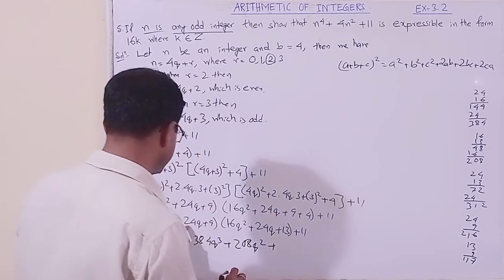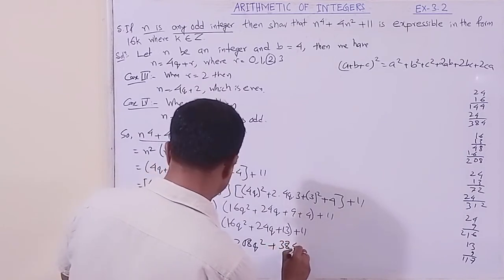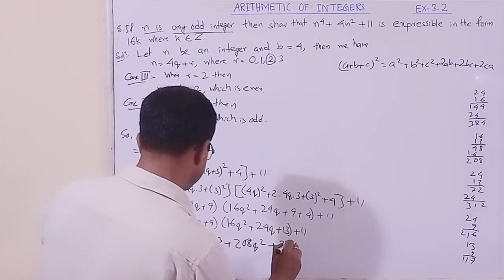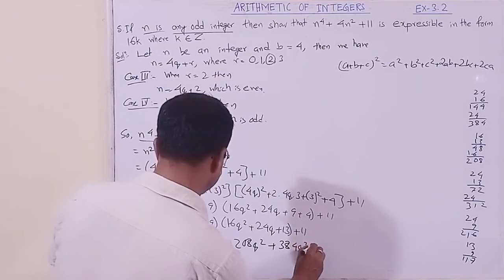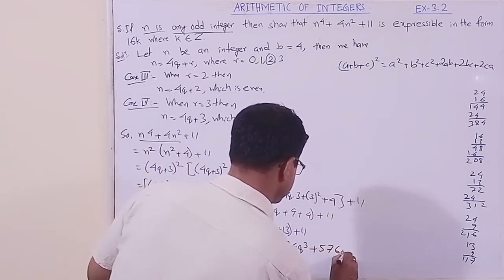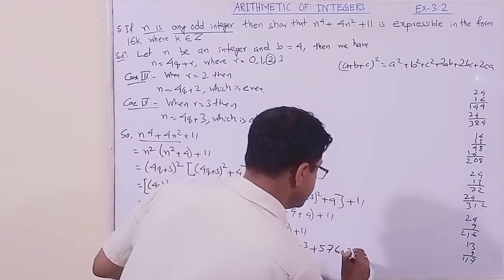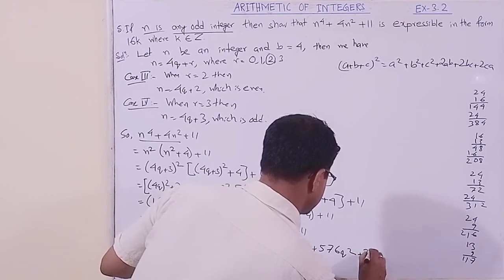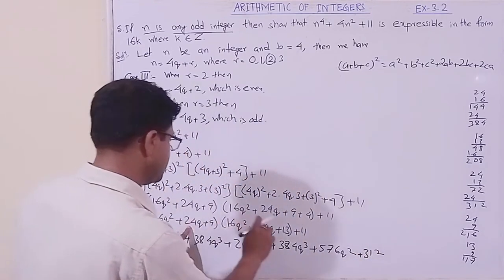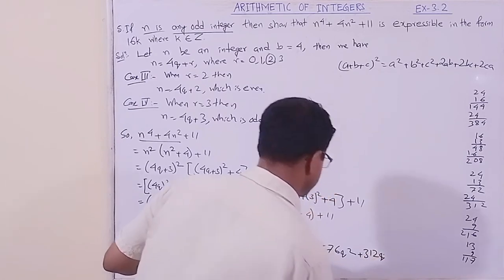Plus 24 into 16 is 384q cube, plus 24 into 24 is 576q square. 24 into 13 is 312q.